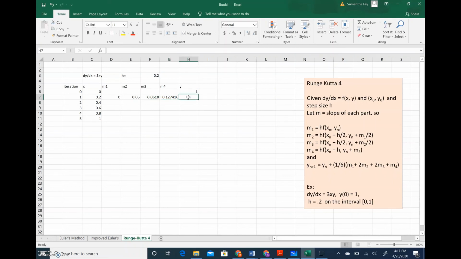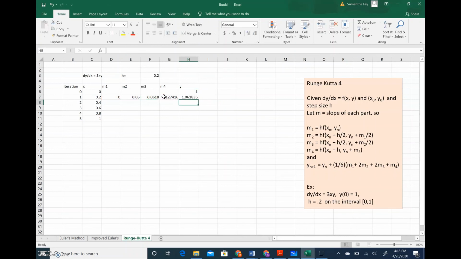And then my y value is my previous plus 1/6 times, open parenthesis, m1 plus 2 times m2 plus 2 times m3 plus m4.